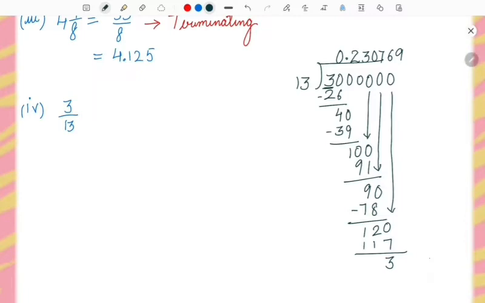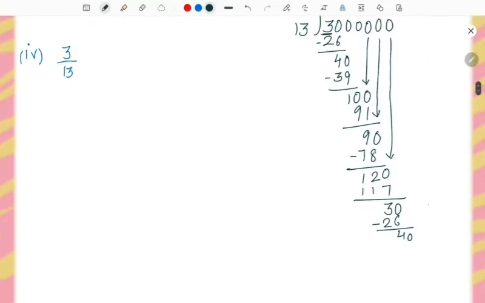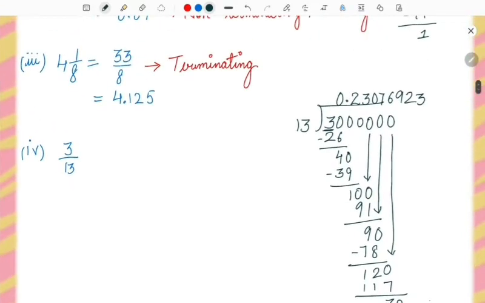If you want, we can go to 1 or 2 more decimal places. Add another 0. 13 2s would be 26. The remainder is 4. Adding another 0, I have 13 3s is 39. The remainder came out to be 1 and it goes on.